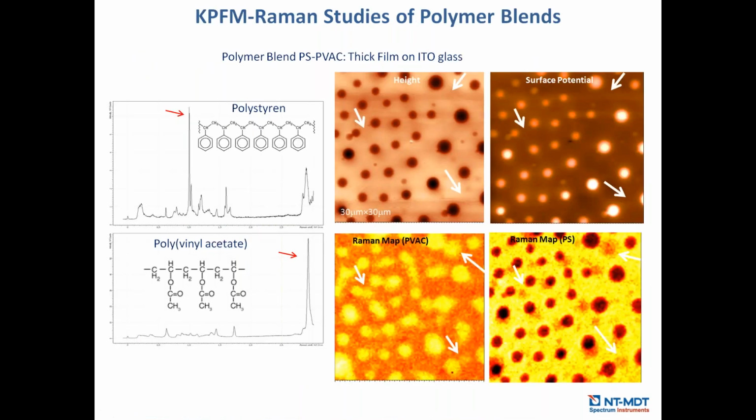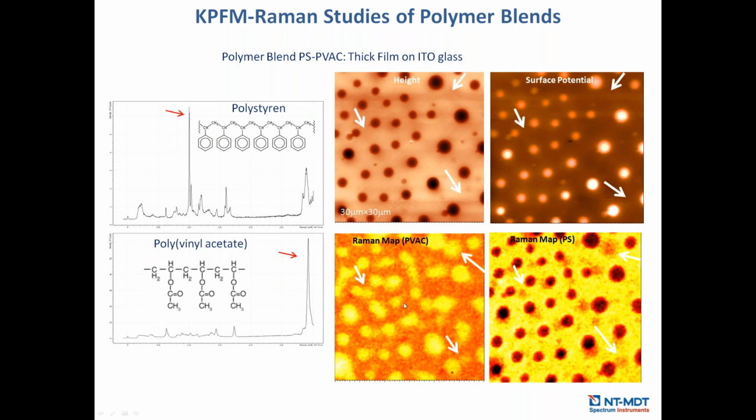Another example is a polymer blend of polystyrene and polyvinyl acetate on ITO glass. So the typical Raman spectrum for polystyrene is on the top, and the typical Raman spectrum for polyvinyl acetate is on the bottom.